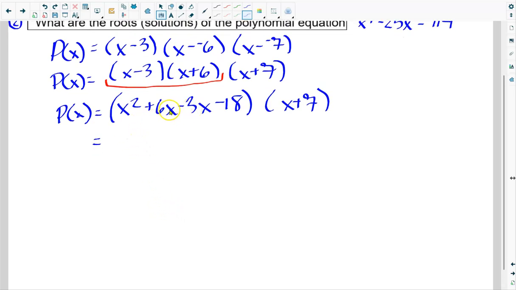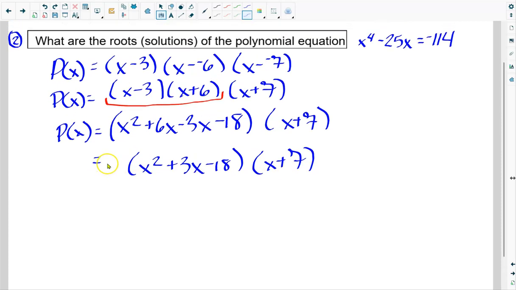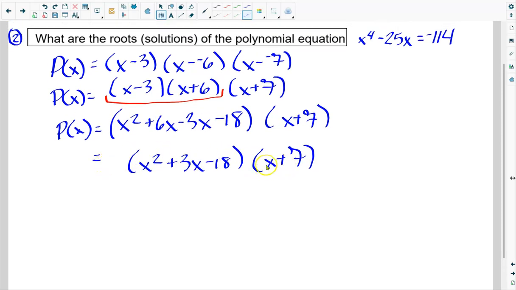Specifically in here, 6x minus 3x. Okay, so I'm one distribution away from getting this done, okay?